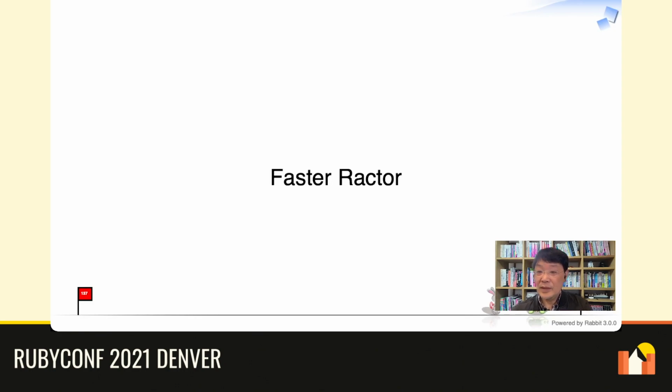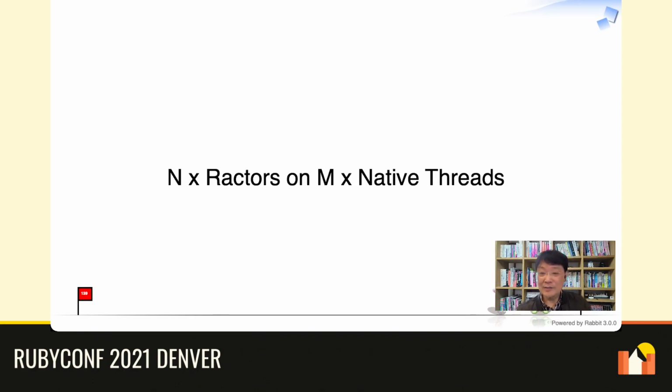And we are going to implement Ractor performance improvements. And probably we are going to work on the N:M Ractors, which is N Ractors on M native threads. But currently we have a 1-to-1 correspondence between Ractors and native threads. So if you create 100 Ractors, we create 100 native threads.